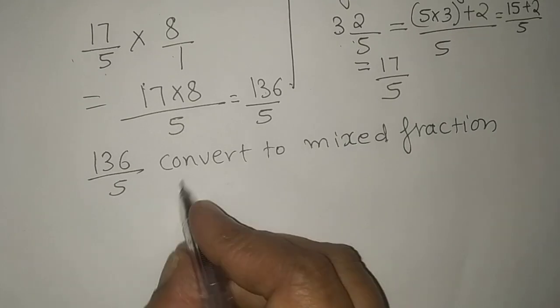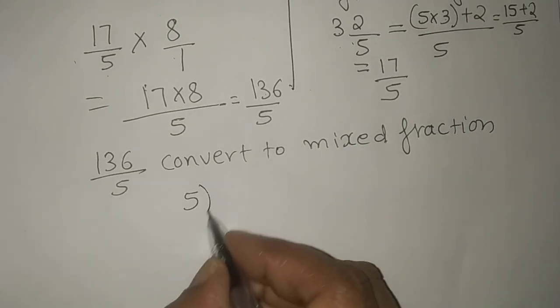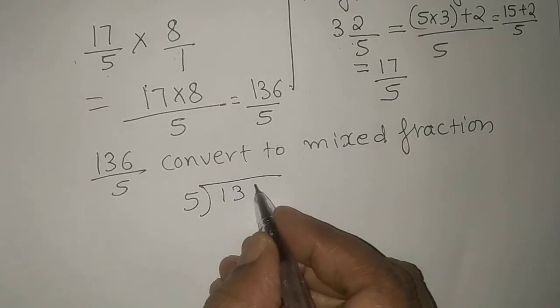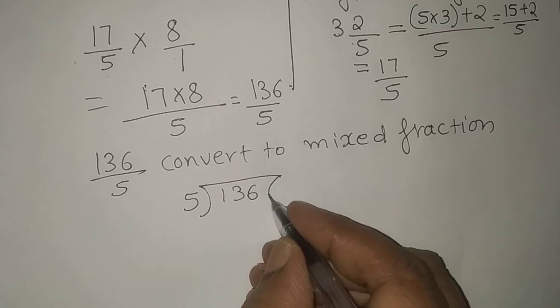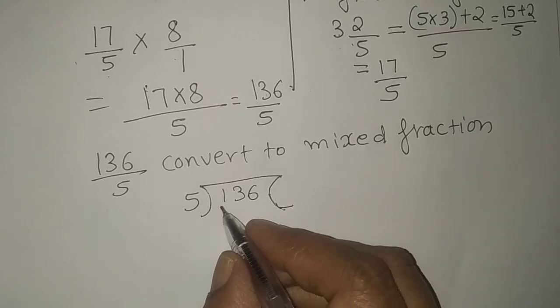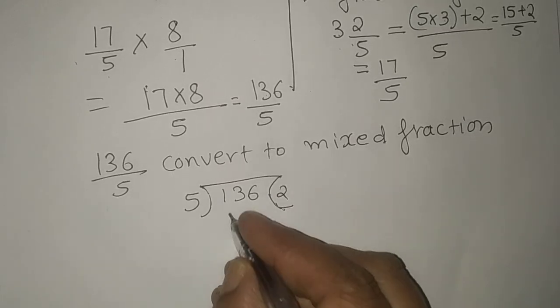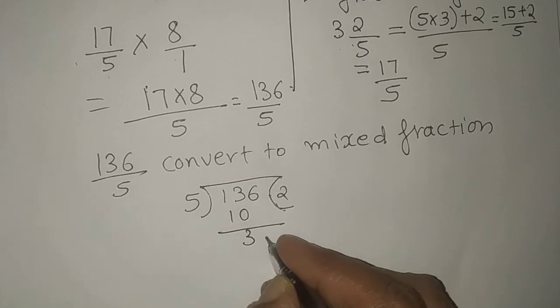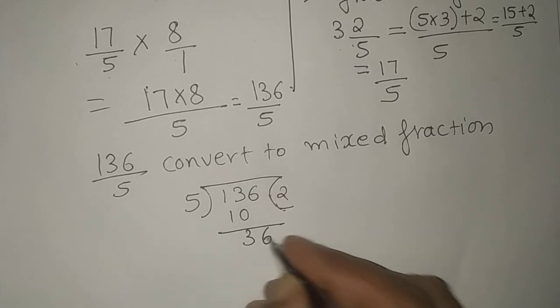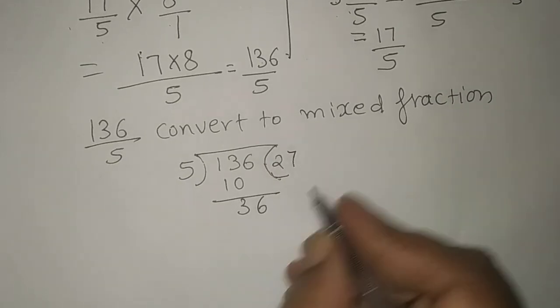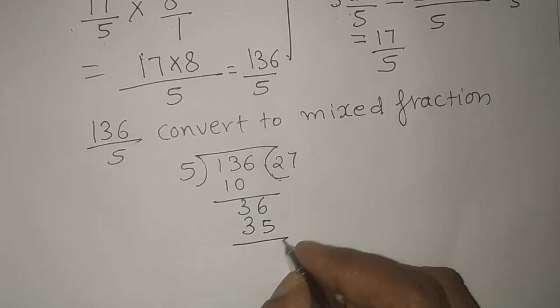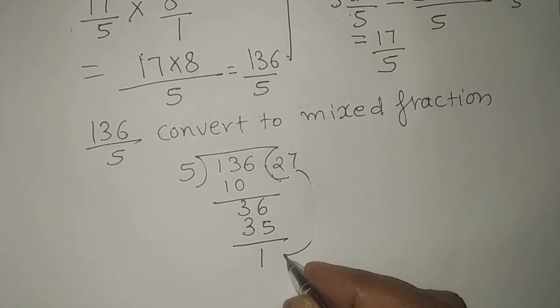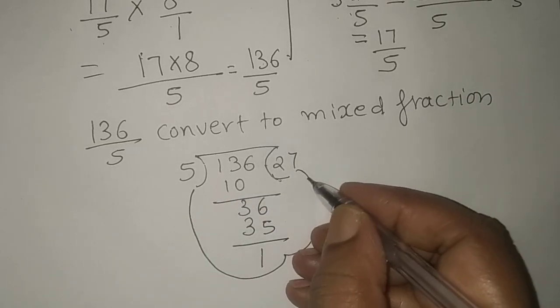Now we have to convert this, that is 5 divided into 136. So 5 2s are 10, 3 remainder, then write down this 6, then 5 7s are 35, 1 remainder. So now this continues like this.